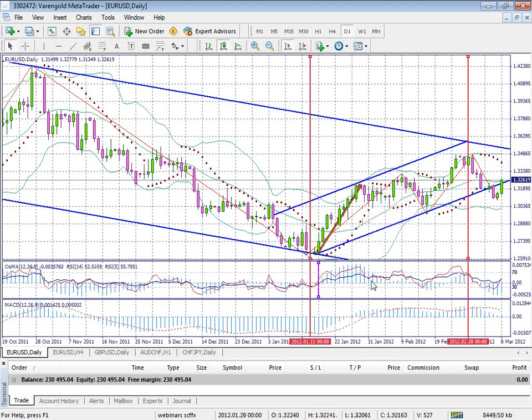We are on daily. We have here one signal for sell. We have RSI 5 coming from above RSI 14, and we have the signal. The signal was not for a long period.